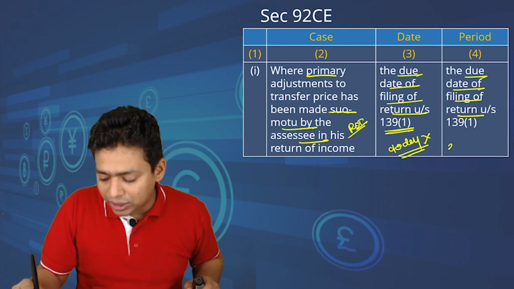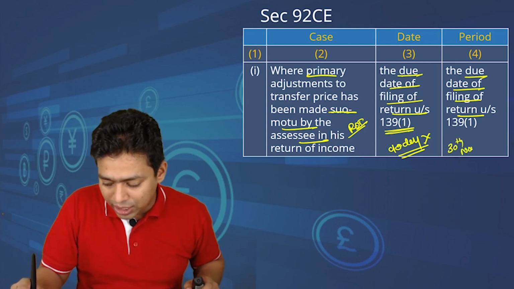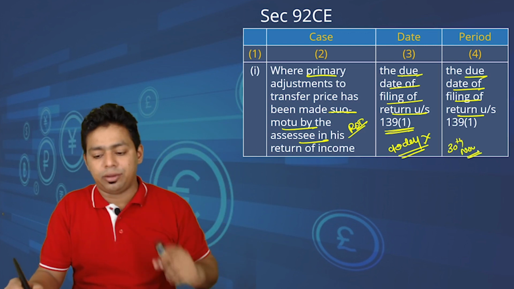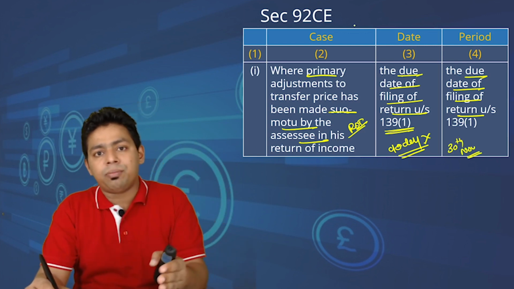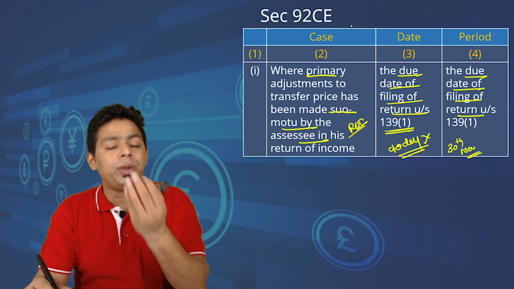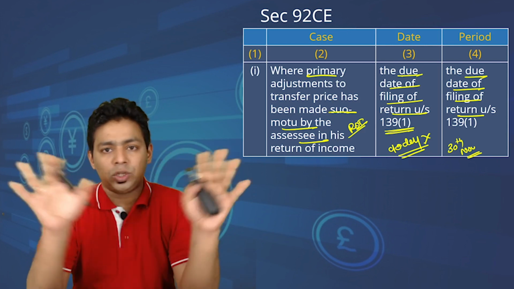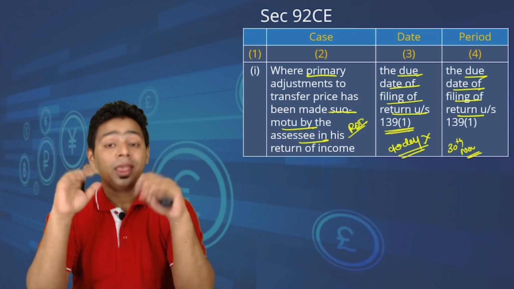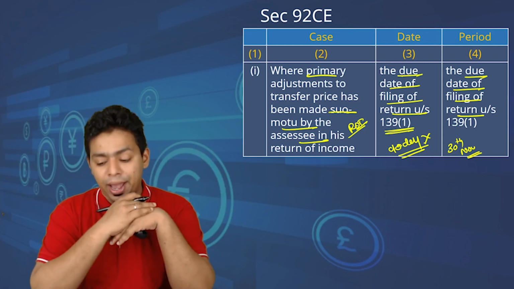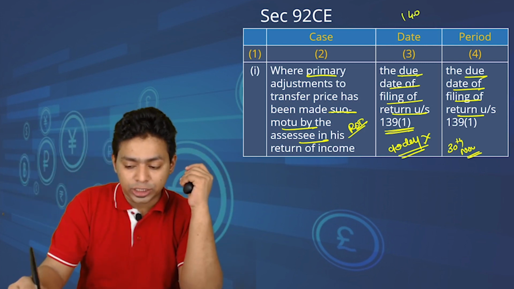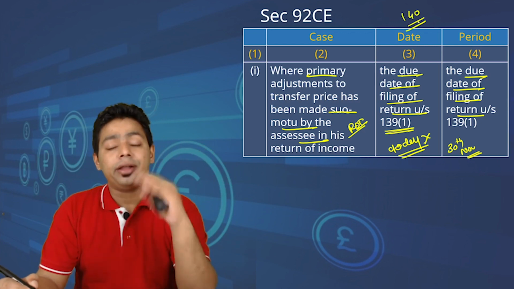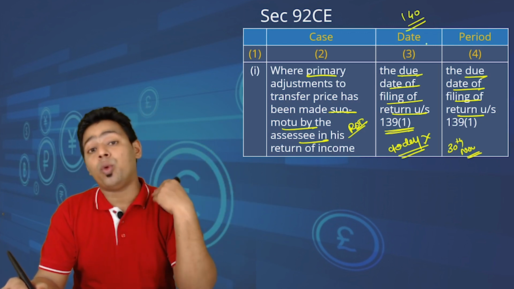So if your due date is 30th November, because in many cases your due date will be 30th November, and from 30th November you brought money within 15 days, 20 days, 40 days, 60 days, 85 days, there won't be any consequences. Imagine you did not bring that money back in India, but you took 140 days to bring that money back. The interest will be computed for 140 days.